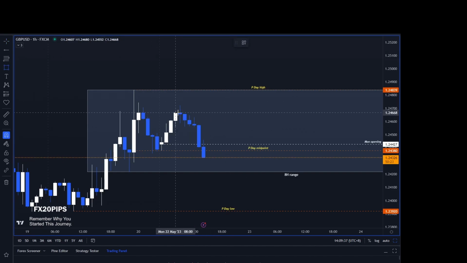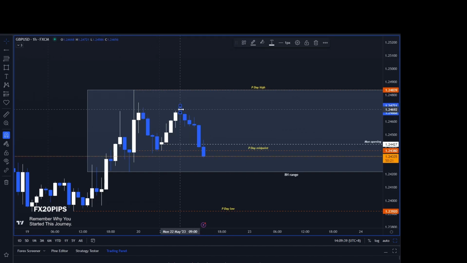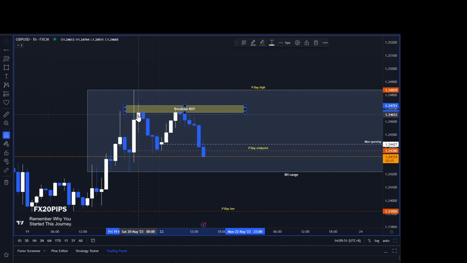Get this rectangle tool. Remember to use the magnet. Give you an idea, so this will be my breakout buy. Pretty easy, isn't it? Let's scroll back and see. Now this is just a few pips off here, so let's keep it here.